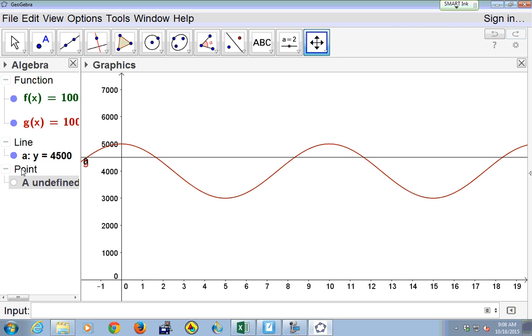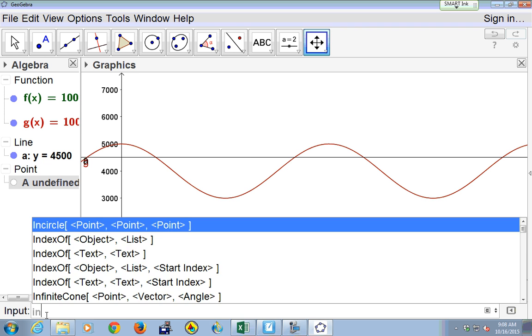No, that's just the slope. I'll try it again. Let's try g of x.